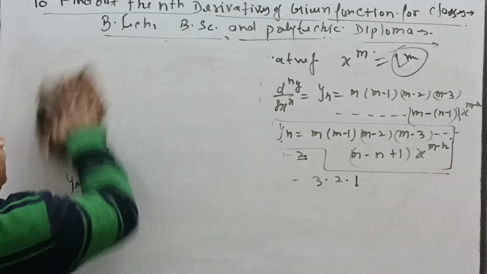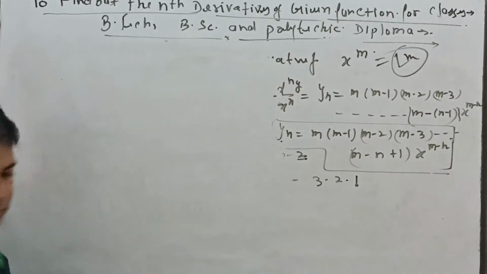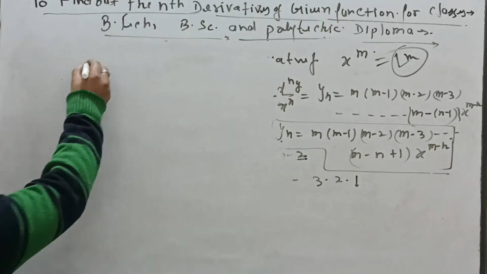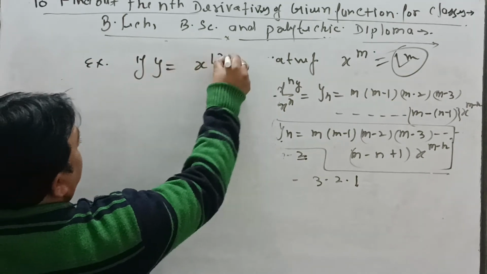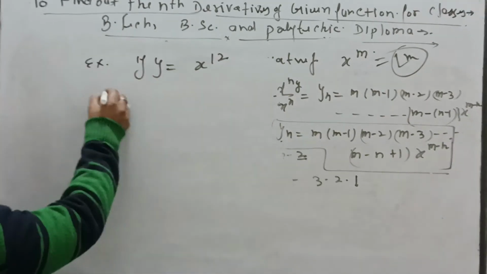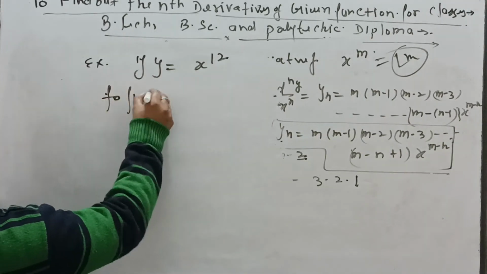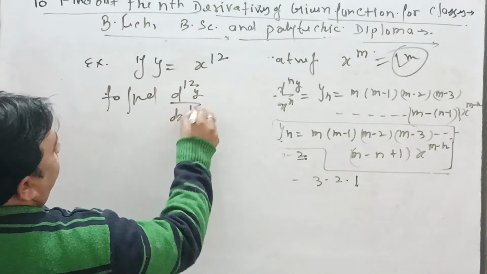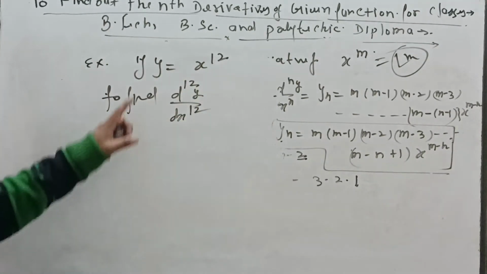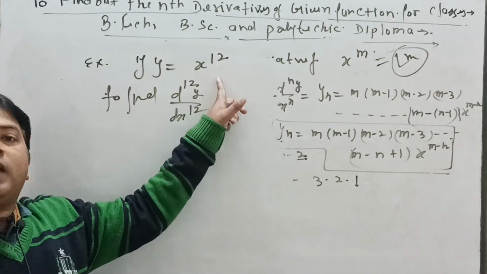For example, let us discuss this. If y equals x to the power 12, find d^12 y over dx^12, that is, the derivative of this function 12 times.